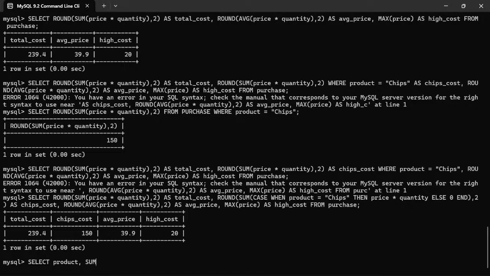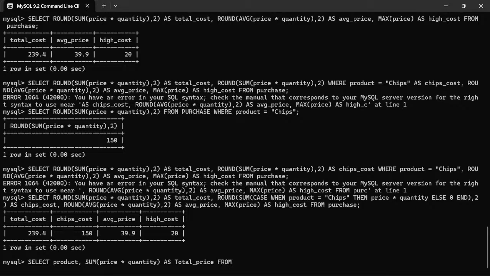Basically, total price is, I think, price multiplied by quantity, that will be the total price.